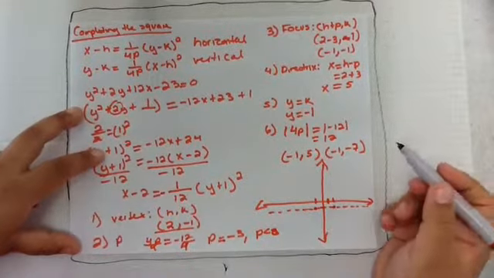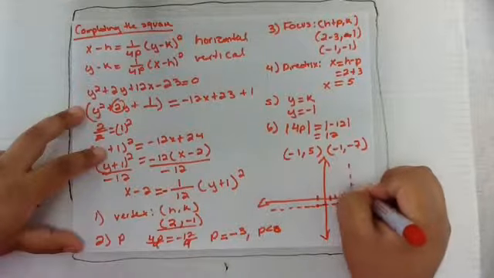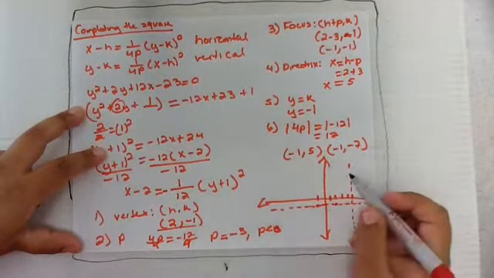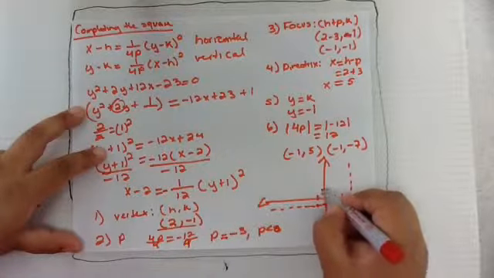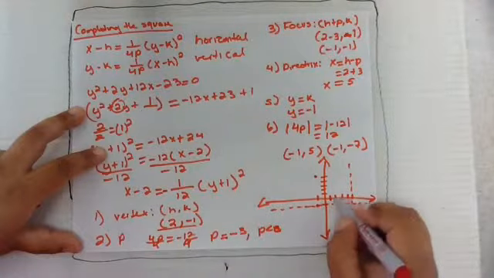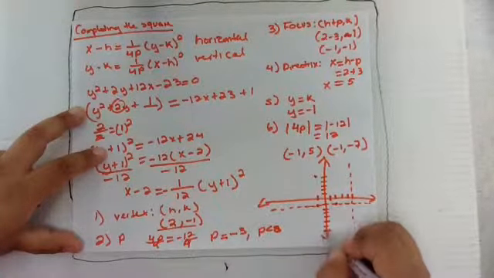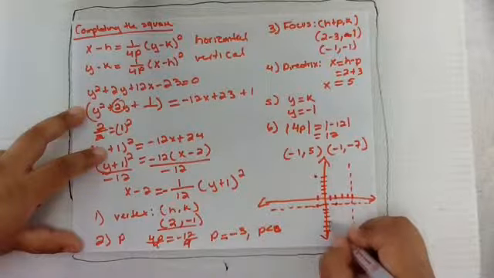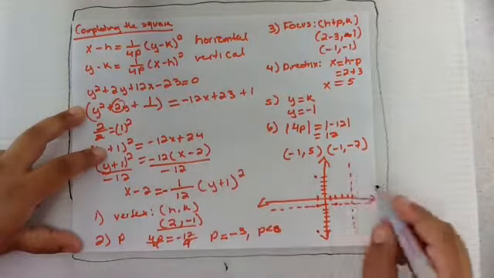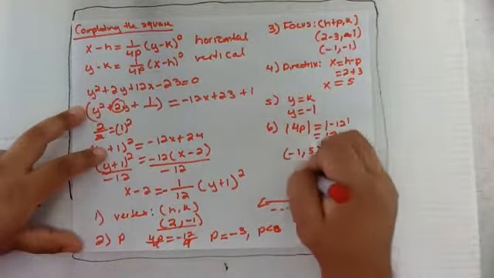Our directrix is at x equals 5. And then we have the other points, -1 and 5, and -1 and -7. And since p was less than 0, then we're opening to the left. So this is our graph.